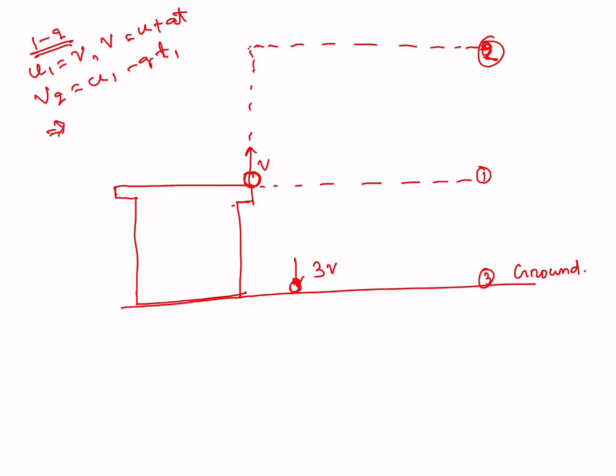So v2 is 0 at point 2, maximum height reached. Initial velocity is v minus g t1. So t1 is how much? V by g.